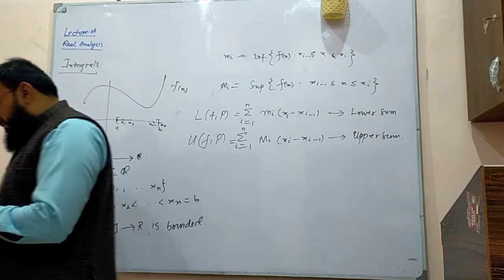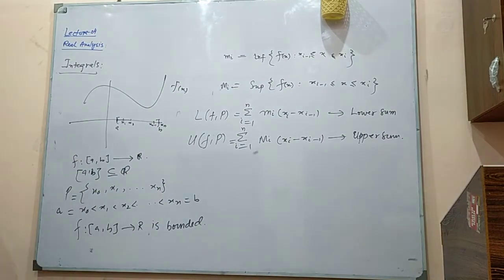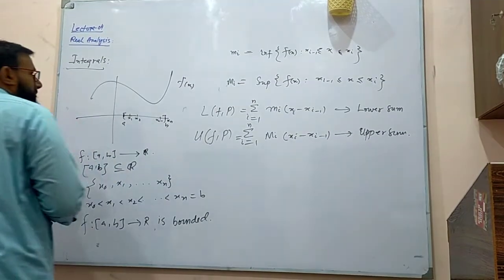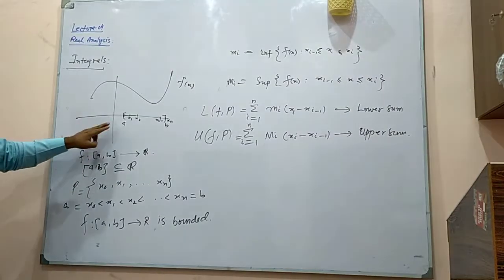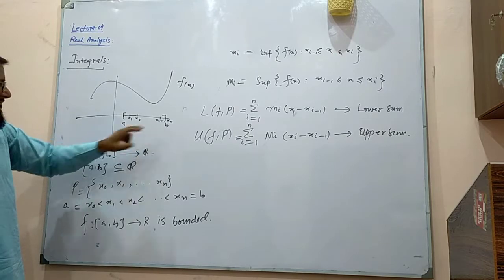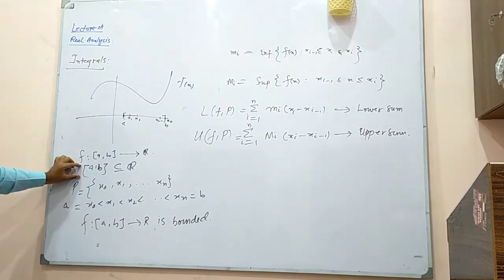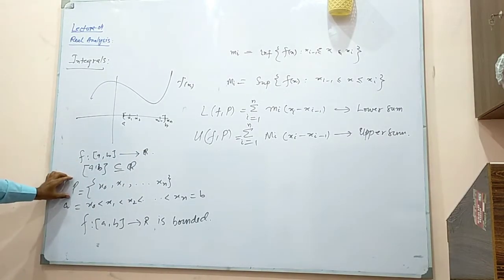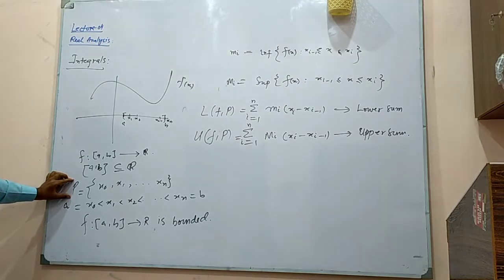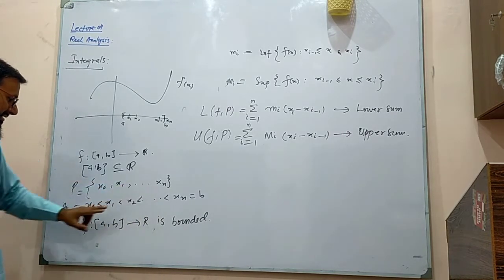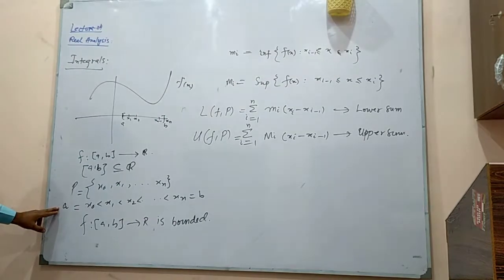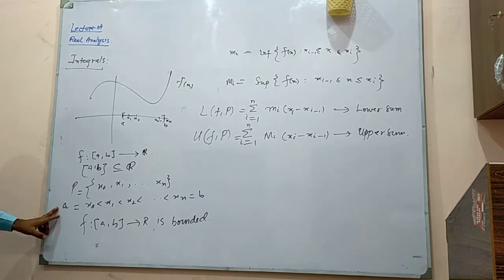And here we call P the partition. So we have a function defined on some interval. Function, interval. The first thing we do is the partition of this interval. It means we take some values x0, x1 up to xn such that this condition holds, then we call this the partition.